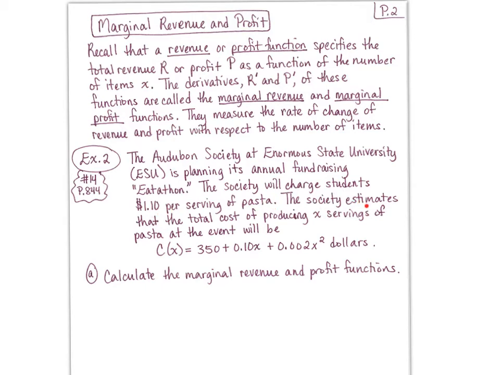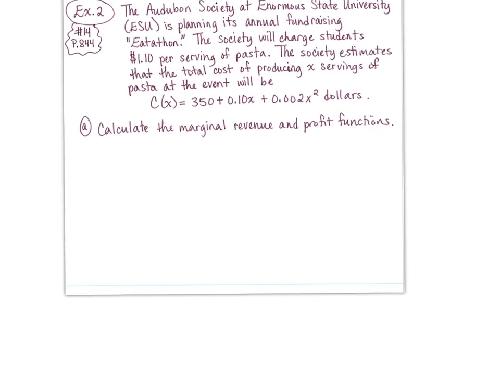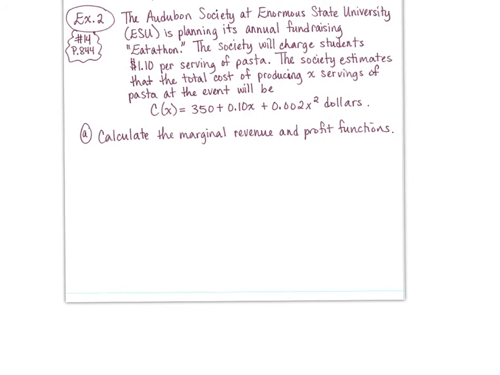The society estimates that the total cost of producing x servings of pasta at the event will be C of x equals $350 plus 0.10x plus 0.002x squared dollars. Calculate the marginal revenue and profit functions.